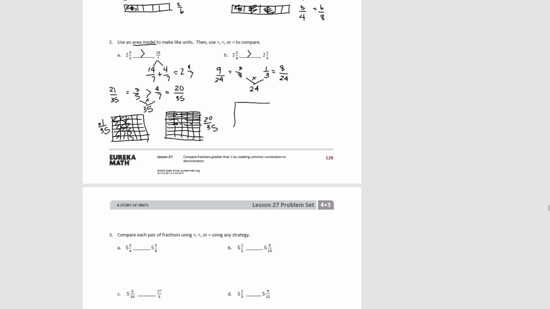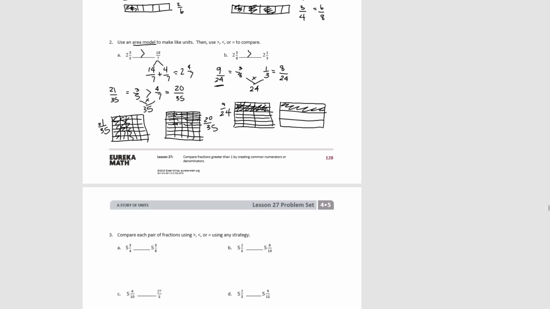As an area model, we have 3/8. And here we're going to divide into thirds. And then we're going to divide again into thirds here so that we end up with 1, 2, 3, 4, 5, 6, 7, 8, 9 24ths.